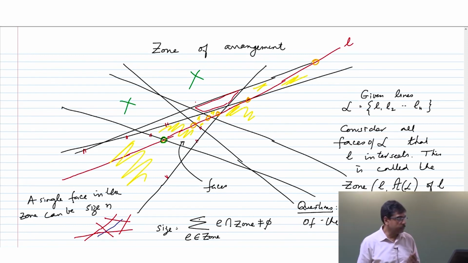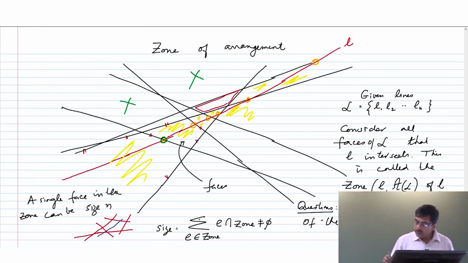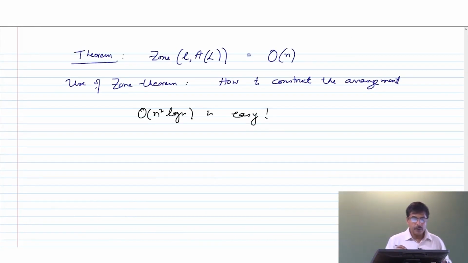But then what you can do is, from this bound on the zone theorem, you can do it incrementally.